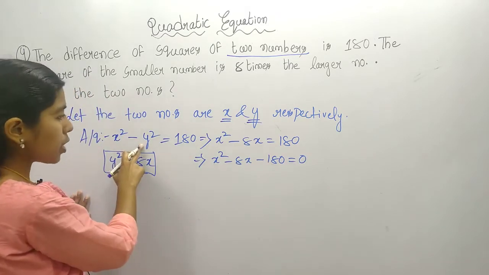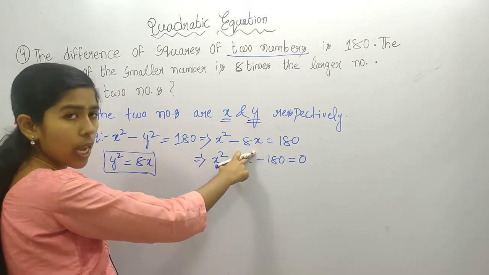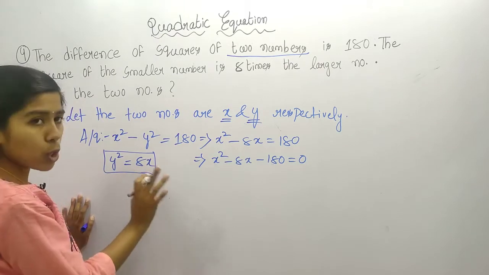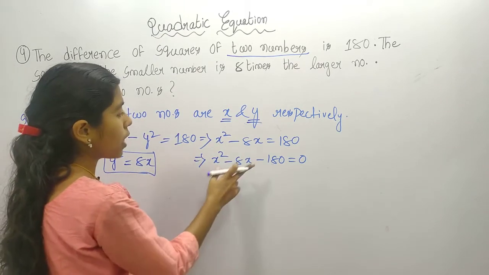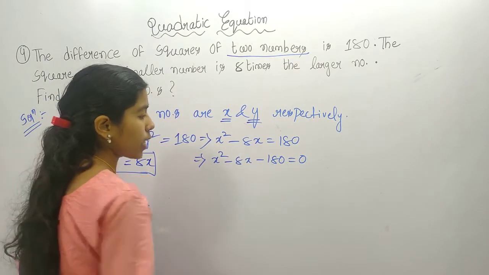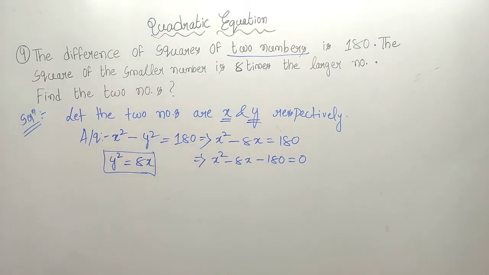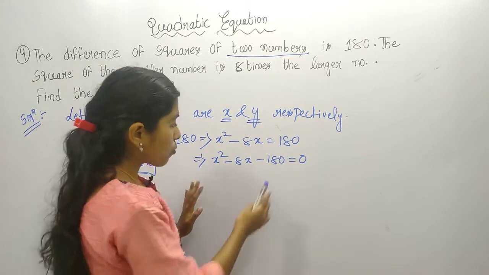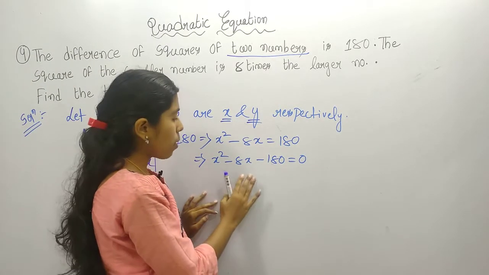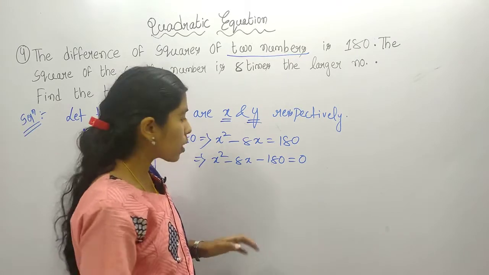See, instead of y square, we have put 8x because y square equals 8x. So, our equation is x square minus 8x minus 180 equals 0.